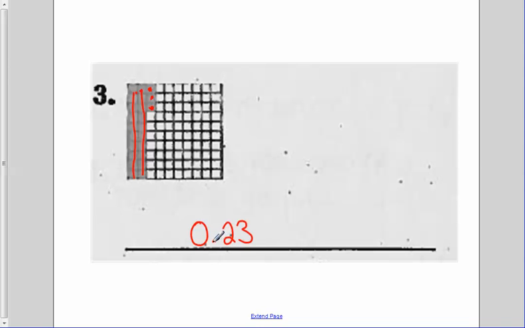And when I go out to the hundredths place, unlike the previous one where I only went to the tenths, the name of it gives us what our denominator, the bottom number of our fraction, is going to be. So since I say 23 hundredths, I have 100 in my denominator, the bottom number, and our 23 goes in our numerator, or the top number.